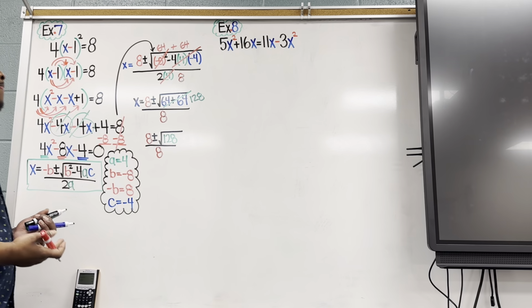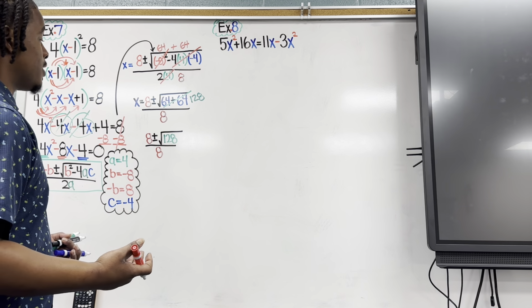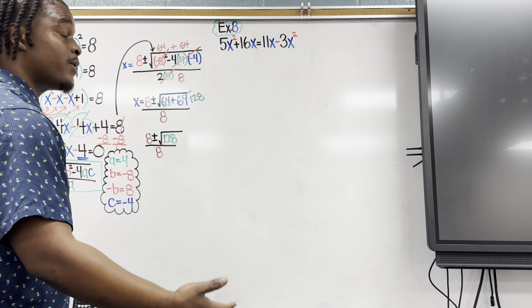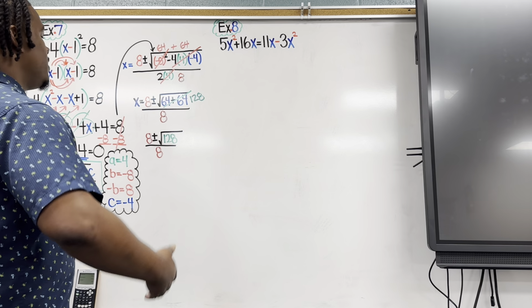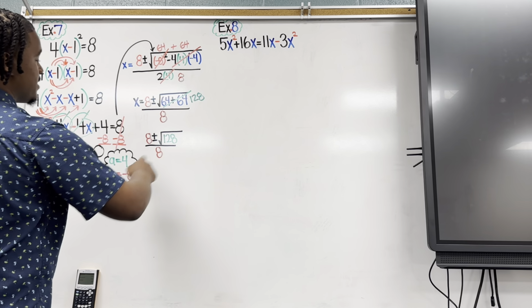The square root of 128 is not a whole number, because the square root of 144 is 12 and the square root of 121 is 11. So it's between 11 and 12, which lets me know that I can actually break this into radicals.